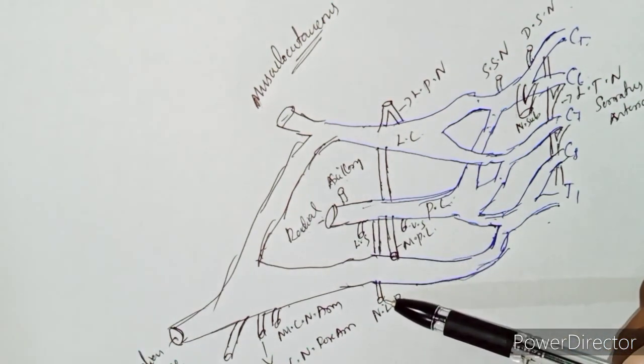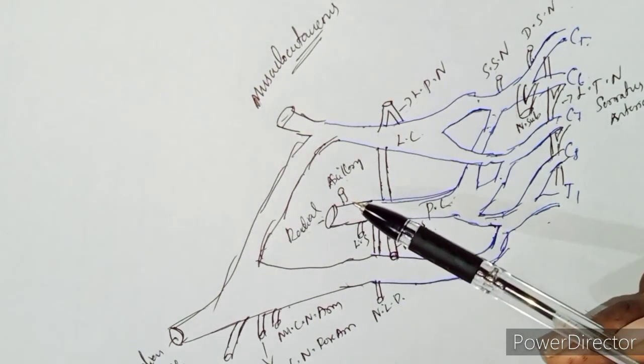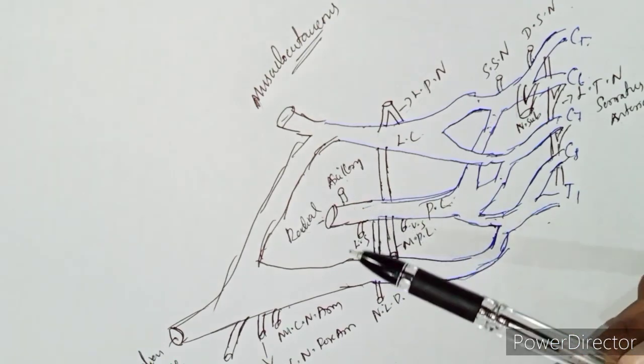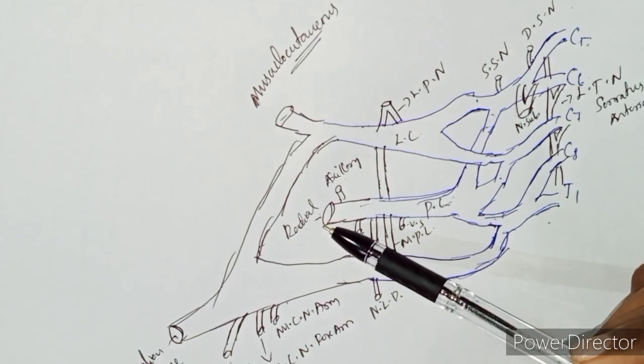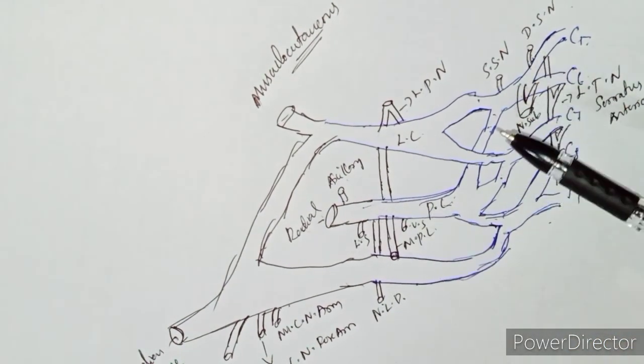And this nerve to latissimus dorsi, also known as the thoracodorsal nerve, is going to supply the latissimus dorsi muscle. And then we have the axillary nerve that is going to supply the deltoid and teres minor. And this we have the radial nerve that is going to supply the triceps. So we have seen the 5 branches of the posterior cord.